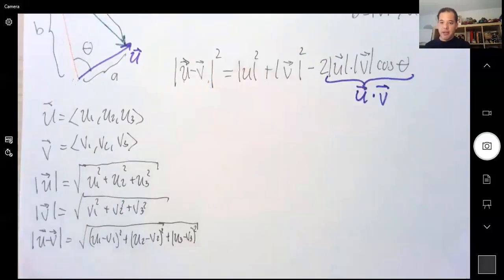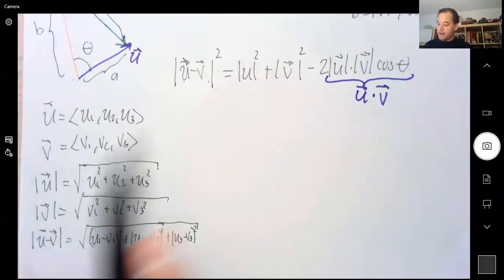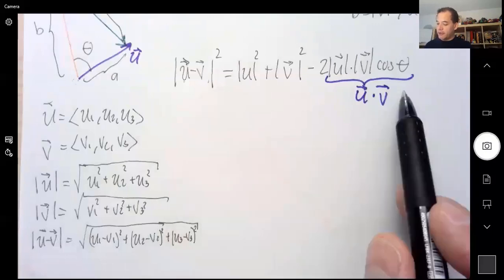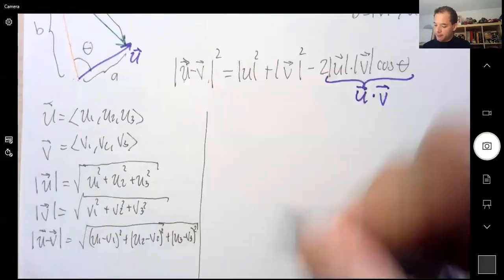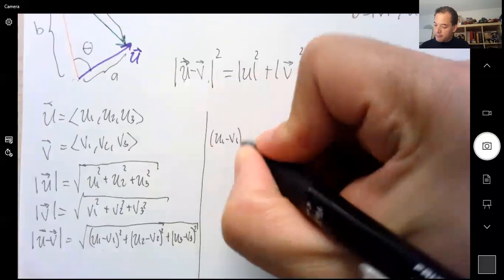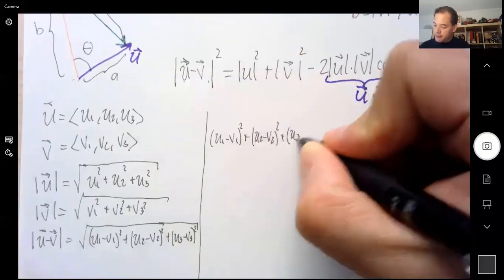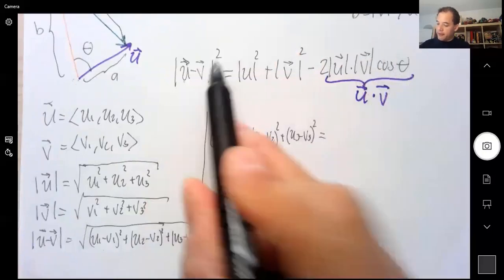Okay, and something else that I like about this a lot is that everything is squared. So when I square these, I'm going to kill the square roots, right? So let's put everything back into our expression over here. So this is going to be u1 minus v1 squared plus u2 minus v2 squared plus u3 minus v3 squared equals. So this one is u minus v quantity squared.